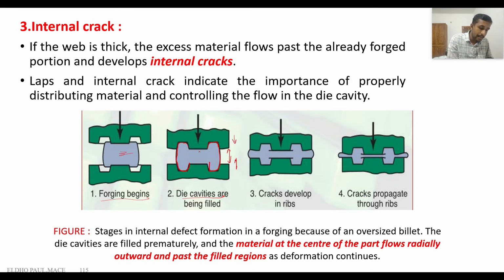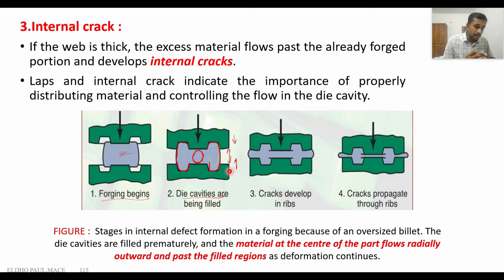The material in this region starts to flow in the outward direction. The material in the center region, this die area, is already filled in the die cavity, but these two dies do not completely approach the parting line.